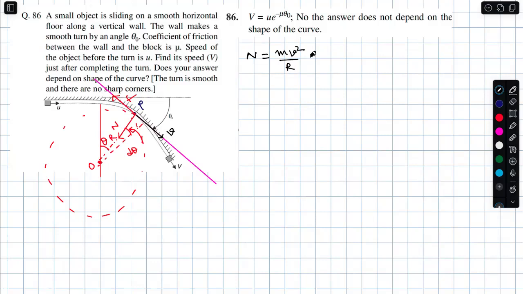Now what is friction? Friction is nothing but mu N, which is mu mv square by r. What is the work energy theorem? Net work done is change in kinetic energy.